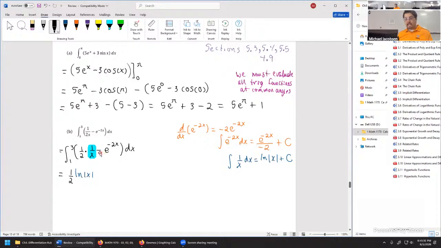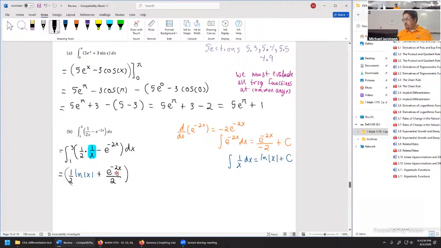On this one, it goes negative e to the power of negative 2x. This should be positive e to the power of negative 2x. Divide by 2. Now, that looks weird because we had a negative sign here already. But here's the thought.